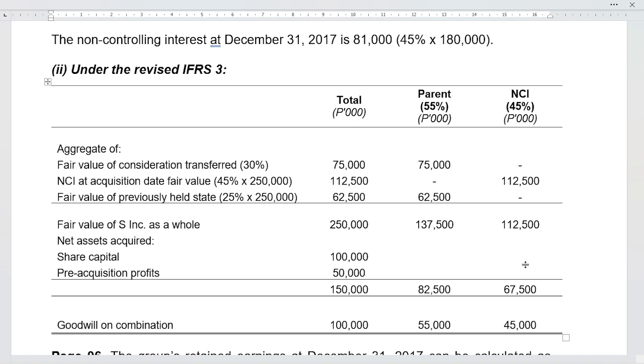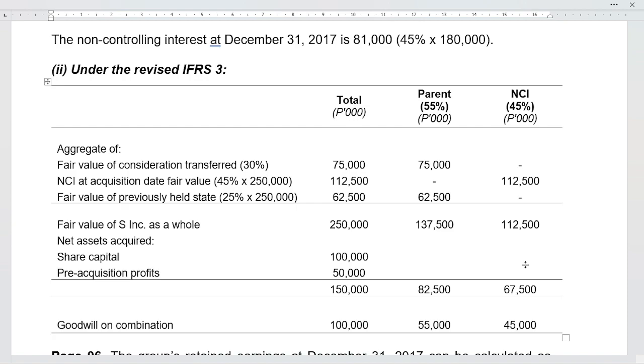Ayun ang total assets yung sinasabi mo. Total assets. Ito, the value of non-controlling interest at the acquisition date, fair value. Hindi ba ang in-acquire natin, ordinary share ni S company? So dapat yun, meron yung fair value. At 45% noon ay kay NCI.